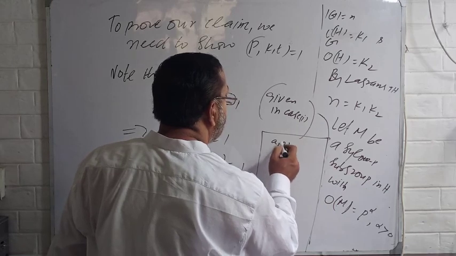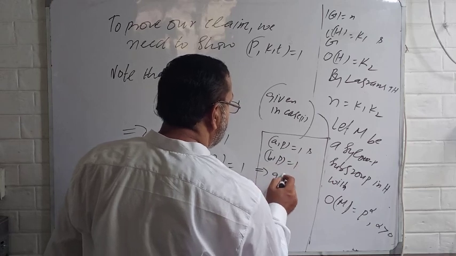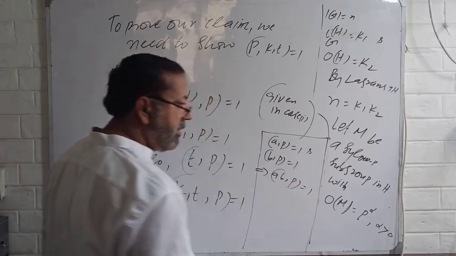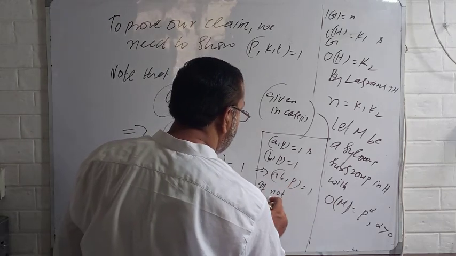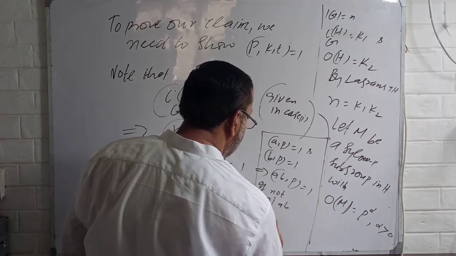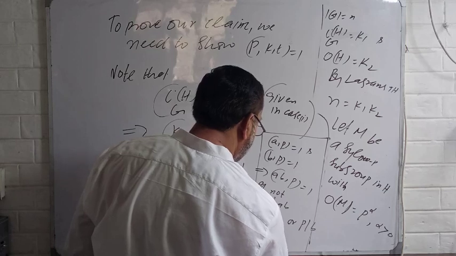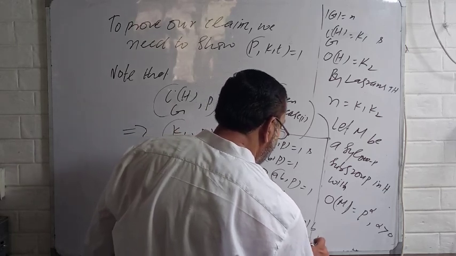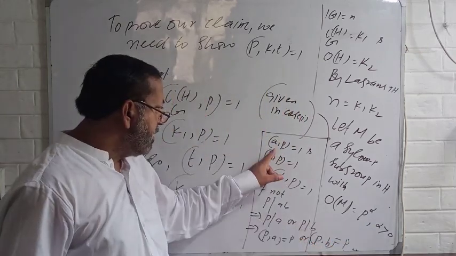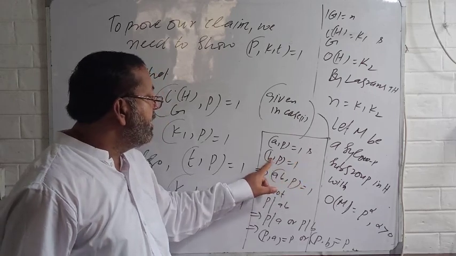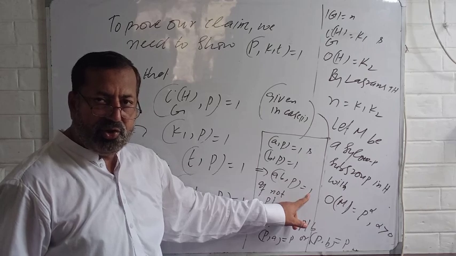For otherwise, if not, P would divide ab. This implies P would divide a or P would divide b. This implies either GCD of a and P is equal to P or GCD of b and P is equal to P. So which is a contradiction, right? Because GCD of a and P is equal to 1 and GCD of b and P is equal to 1. This implies GCD of ab and P is equal to 1.